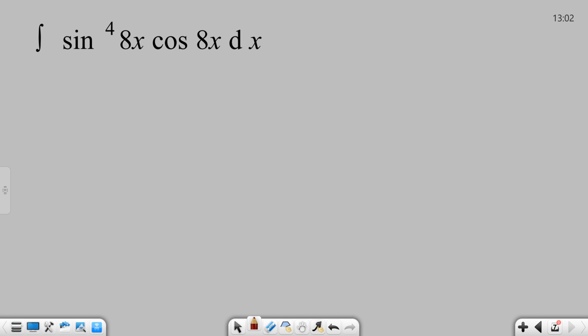I do 8x to the 4. Because sine 4 is the same as sine x to the 4. What times 8? Make it 42, right?